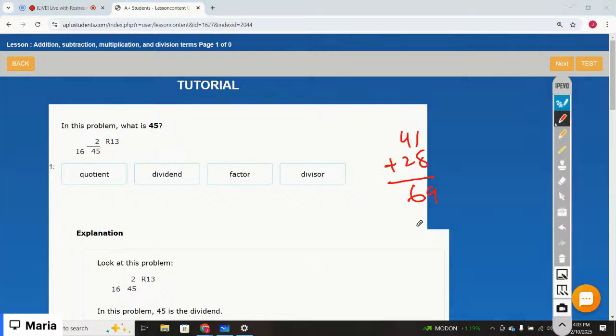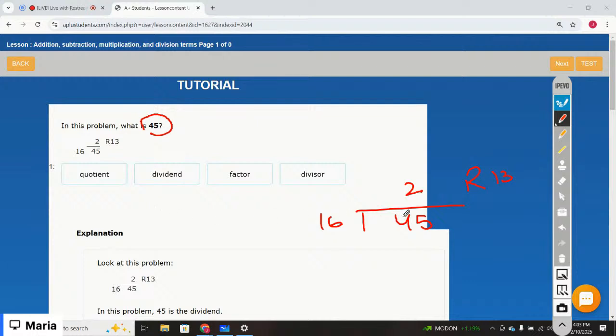That is like this: 45 divided by 16 is 2, and the remainder you are given is 13, right? So you have to see what is 45. Basically, you need to learn the terms related to multiplication, division, addition, and subtraction.